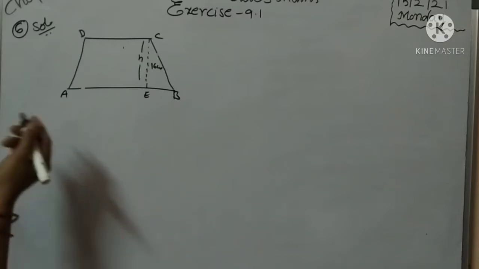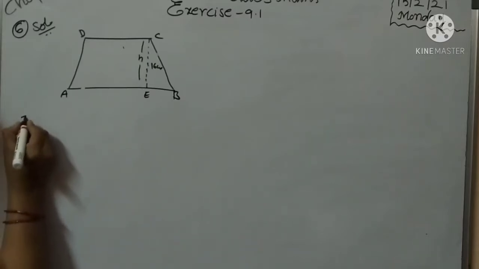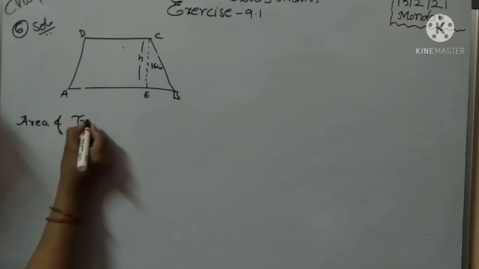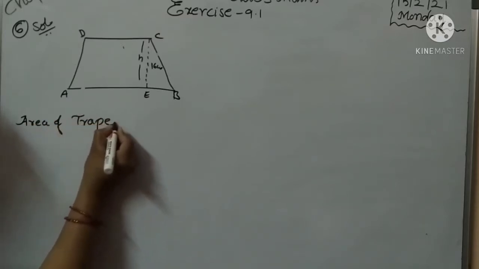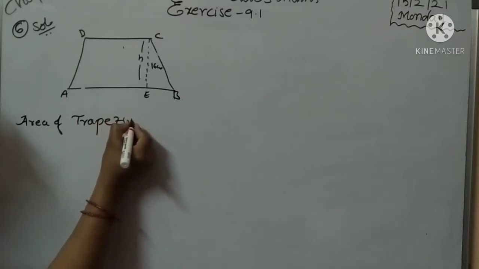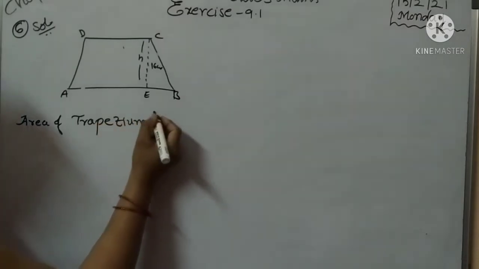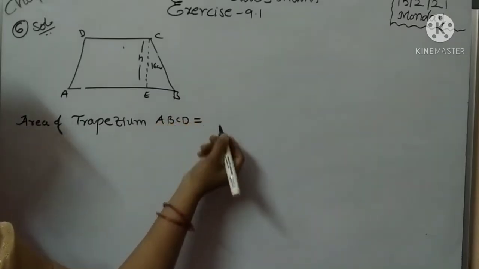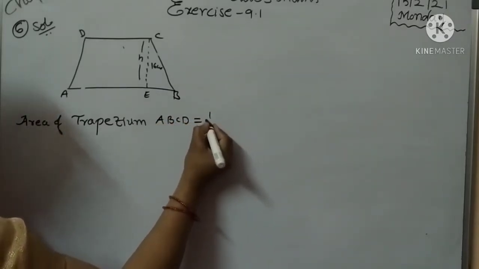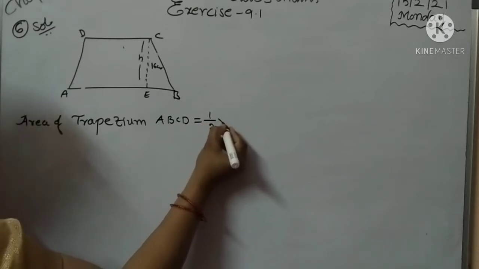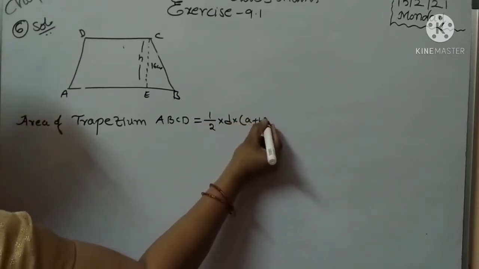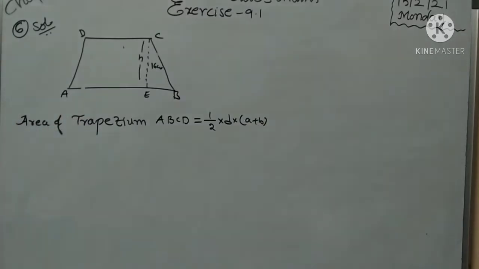Now, what is the formula? Area of trapezium ABCD equals half into distance into the sum of the two parallel sides.